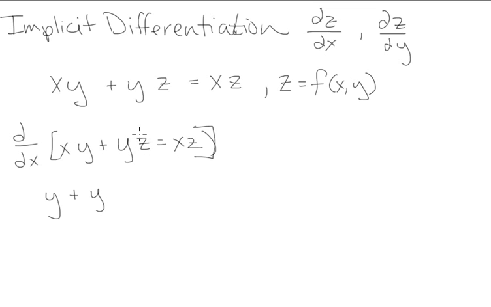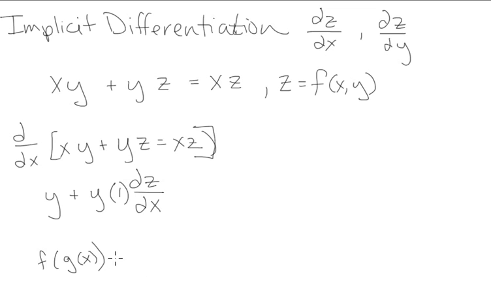So the derivative of z of x is 1, but I need to also multiply this by the derivative of the inside function, dz dx. Just to sidebar that a little bit, if you are thinking about the chain rule, you have a function f which is a function of something else.